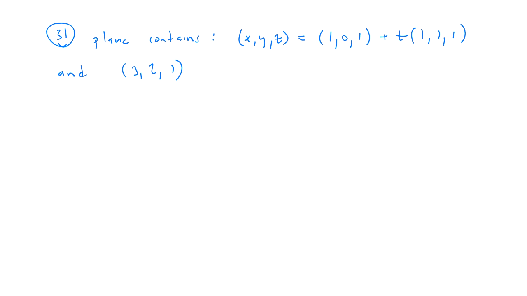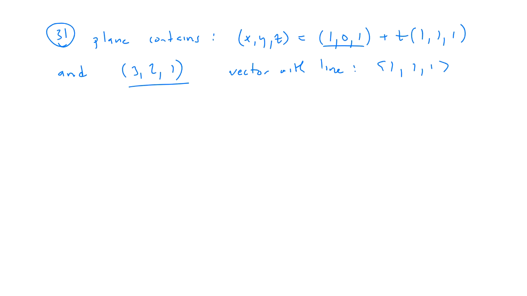What is the vector that goes with the line? Right, 1, 1, 1. And how can I get another vector that's parallel? Right, I can go from 1, 0, 1 to 3, 2, 1.